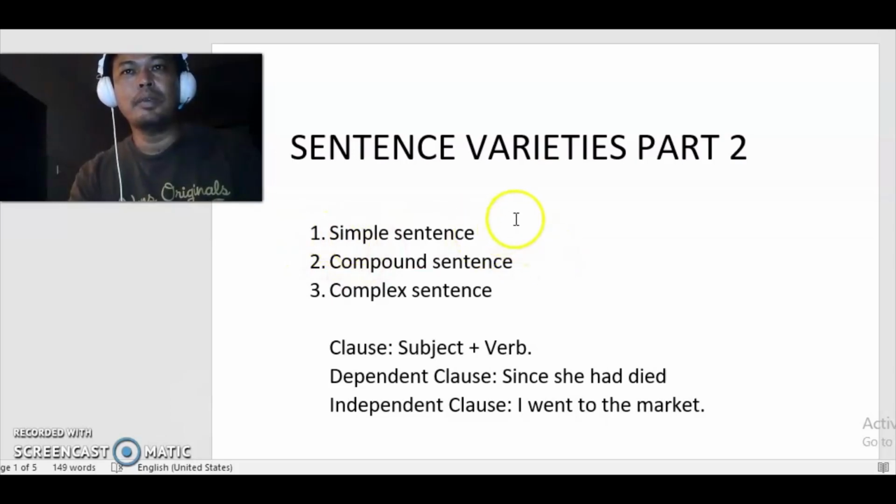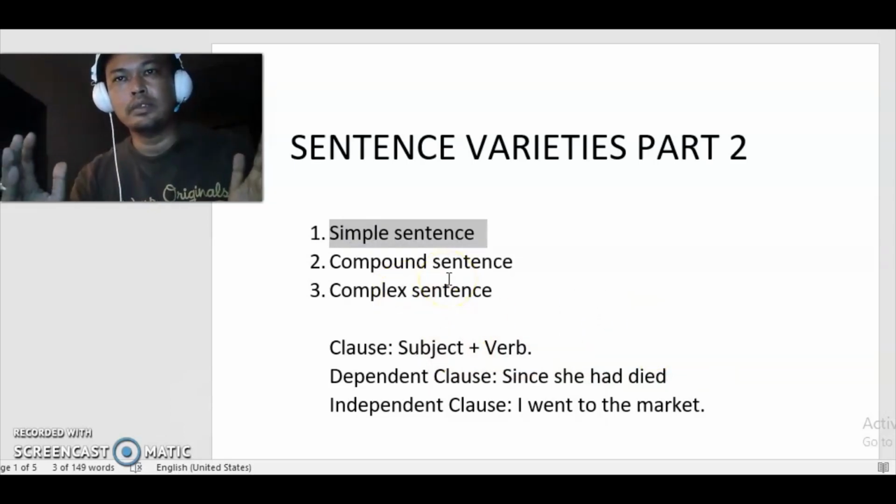And again, a simple sentence, I said, is supposed to be any sentence with a subject and verb without any conjunction. So it is a simple sentence, one sentence only.